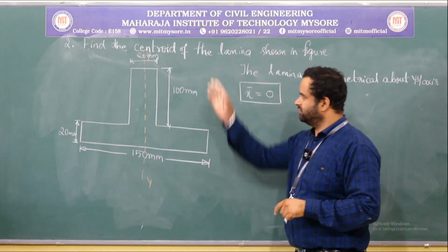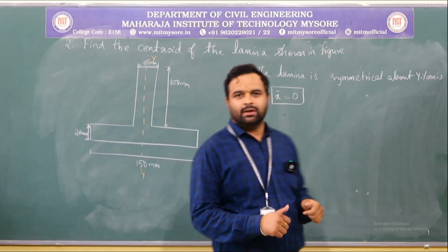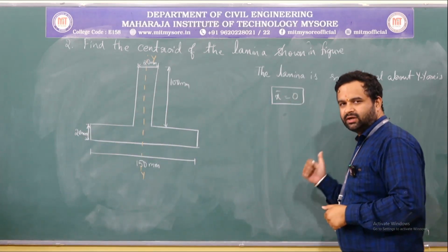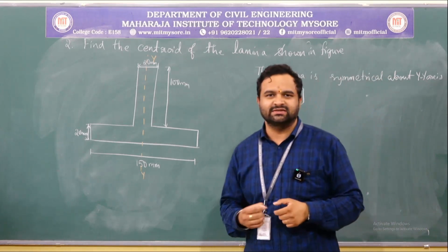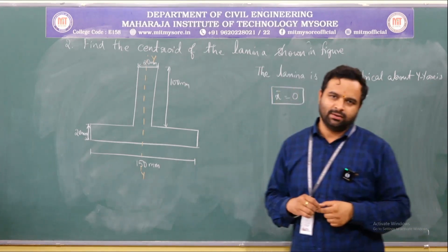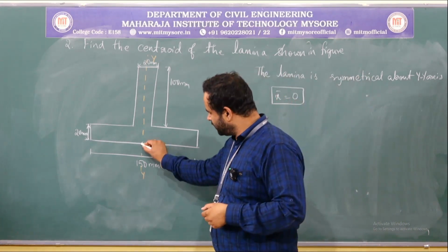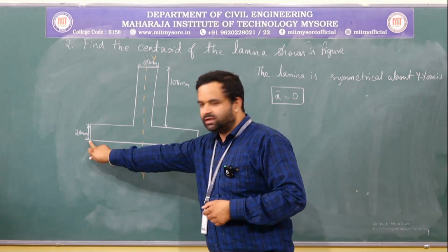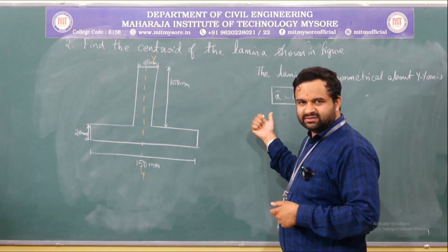Okay. So, now we have drawn this symmetrical axis. What happens if x bar is 0? That will give us a hint to select the coordinate axis or the reference axis as well. If you choose this point as origin instead of the starting point, then only we can say that x bar is 0.